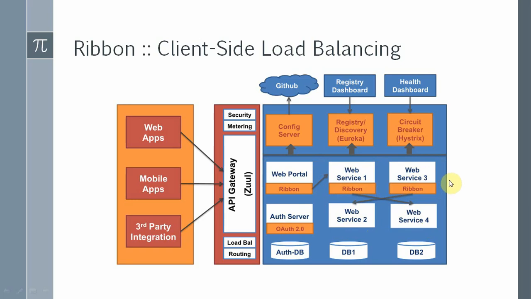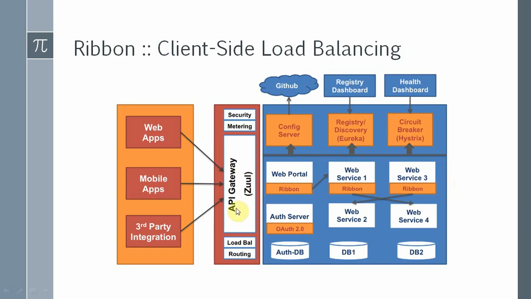The approach that Netflix uses here as client-side load balancing is totally different from server-side load balancing. I will discuss this approach, I mean Ribbon and client-side load balancing, in detail in other parts of this tutorial.